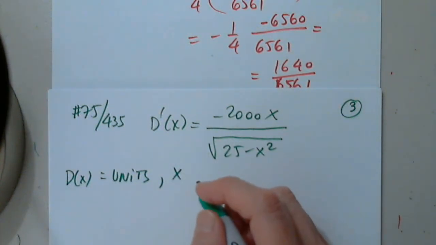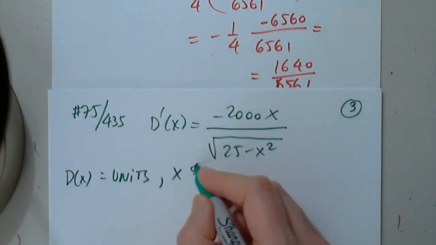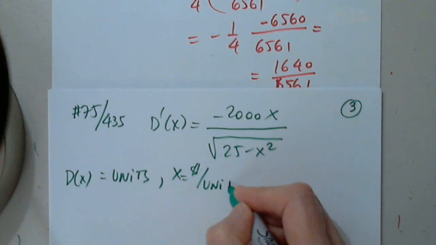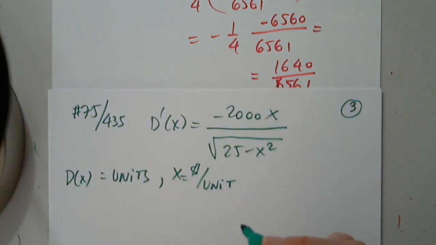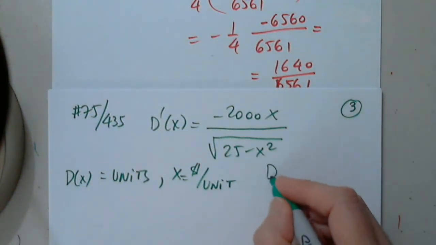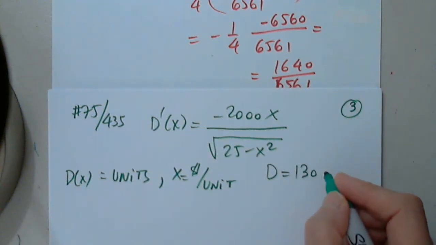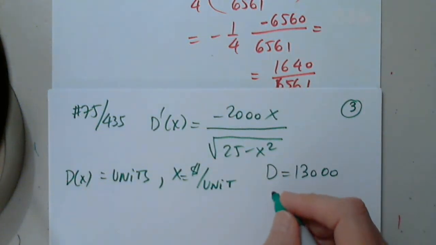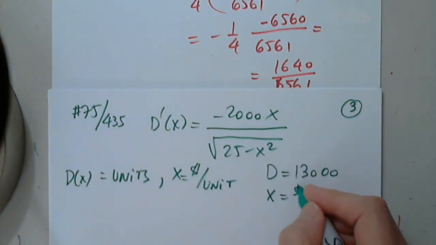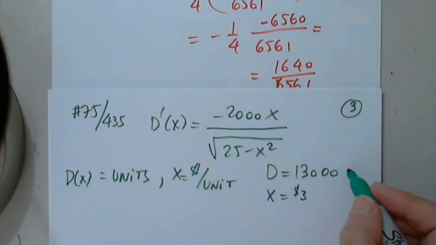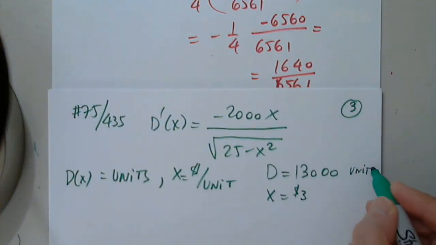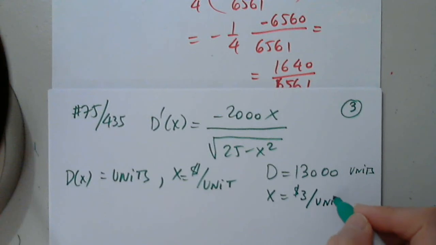Find the demand function given that D equals 13,000 when x is 3.